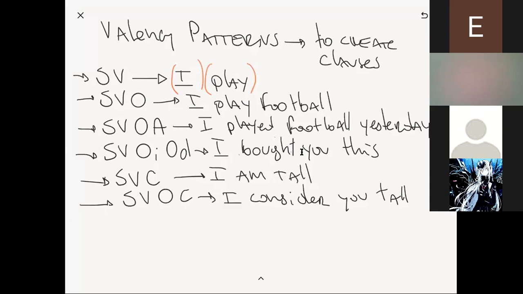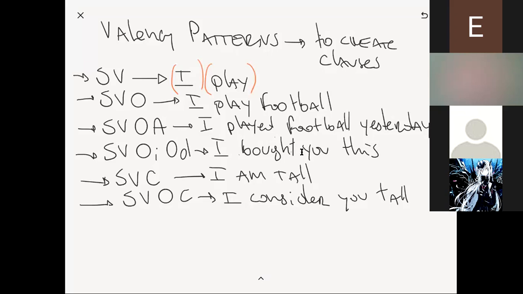So again, the verb play, the main verb head play, is requiring a subject. That verb is called intransitive. Why intransitive? Because it is not requiring any other element, any other object after it. You can see the difference with the second example.